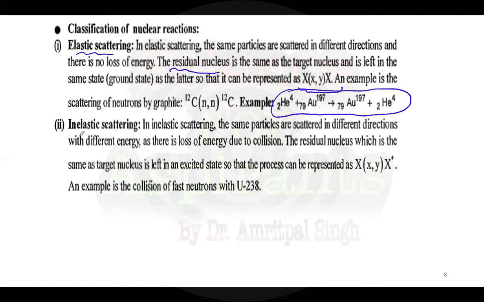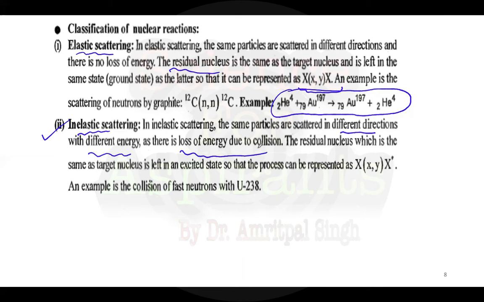The second type of nuclear reaction is inelastic scattering. In inelastic scattering, the particles are scattered in a different direction, but with different energy. So there can be a loss or gain of energy, which can be due to the collision.